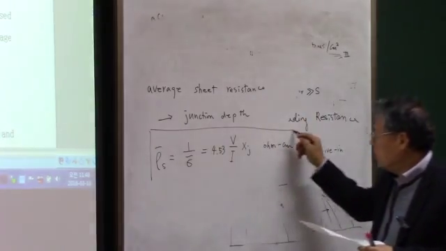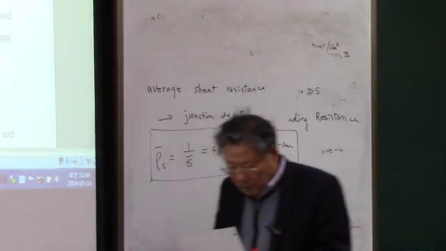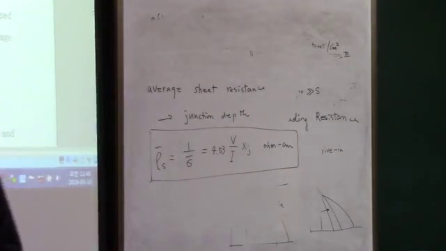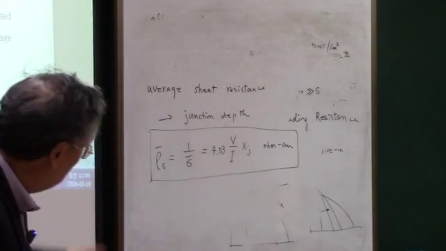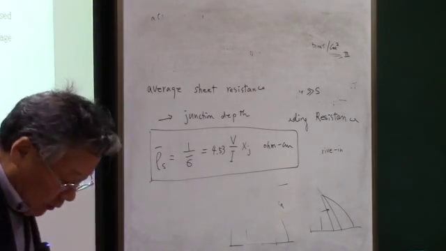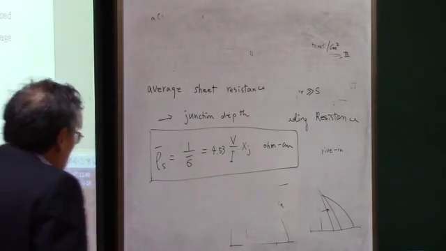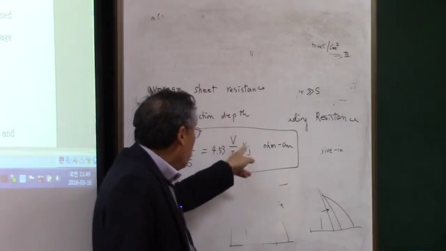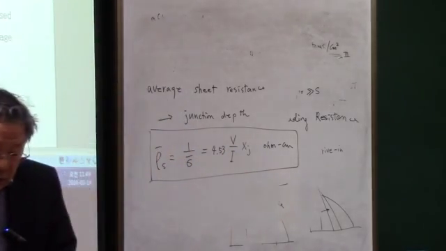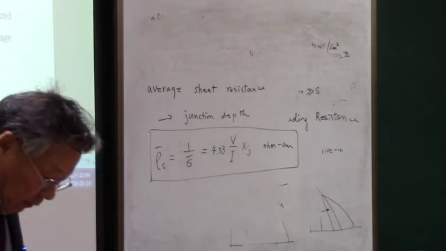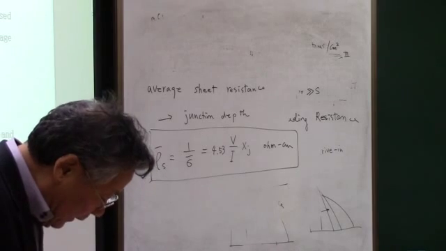This is a very useful equation. That is after solving the Poisson's equations, and that really relates the parameters that you can measure with the resistivity and conductivity of the material, of the junctions, okay?